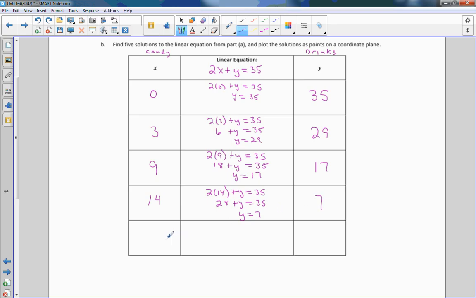And let's say I buy the maximum number of candies I can buy, which is 35 divided by 2, which is 17.5, and I can't buy half a bag of candy, so I'm going to stop at the maximum, 17. So 2 times 17 plus Y equals 35. 2 times 17 is 34, plus Y equals 35.